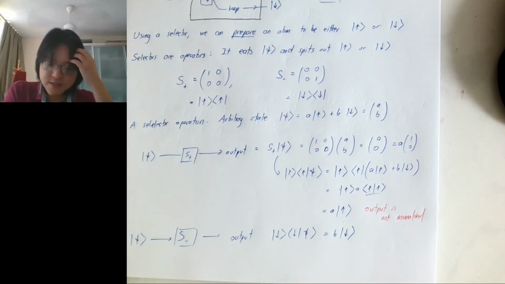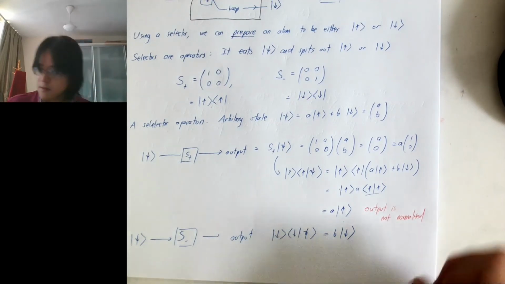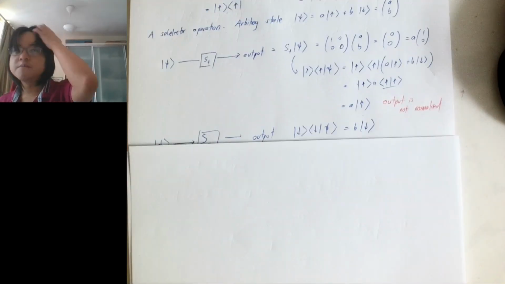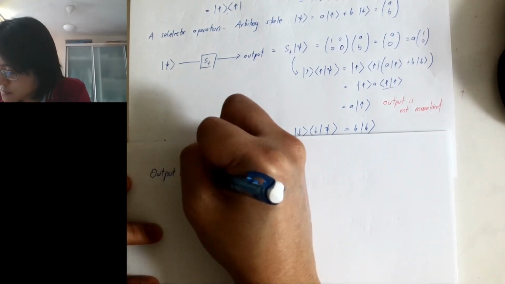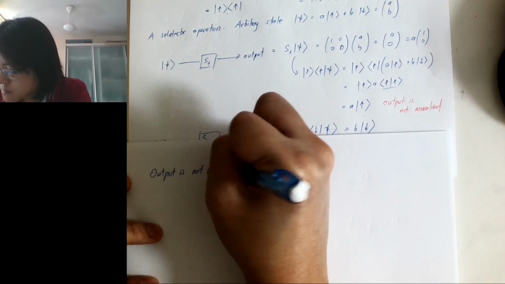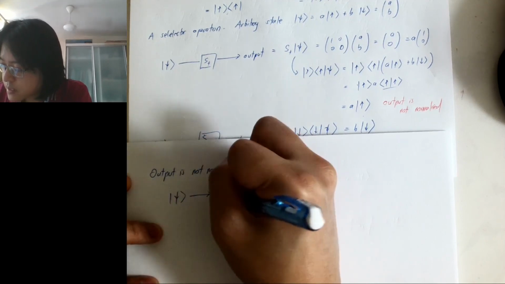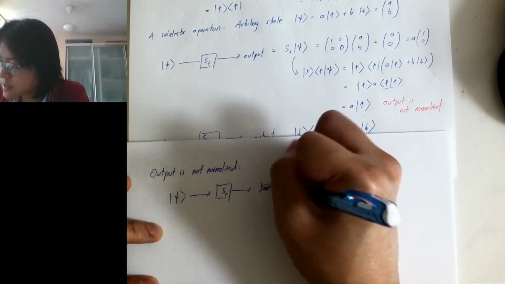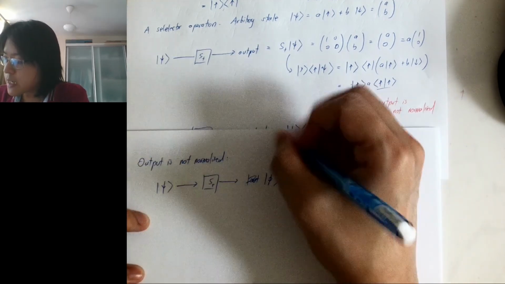Shall we? Yeah, let's just normalize this. Let's address this question before we end the class, right? The output is not normalized. If I pass through the plus selector, let's call the output phi, and our result was A up.